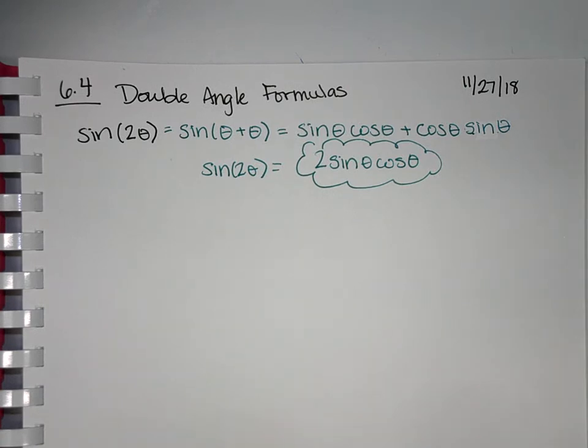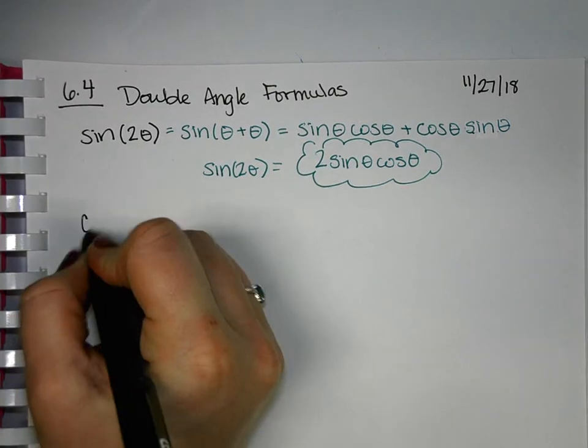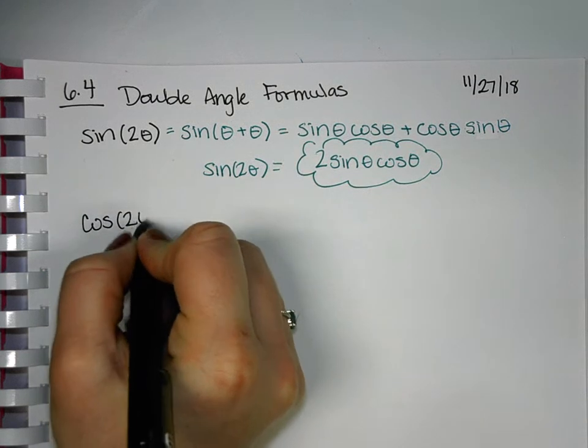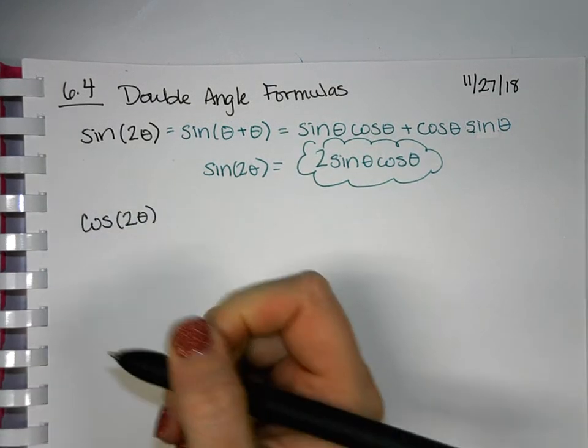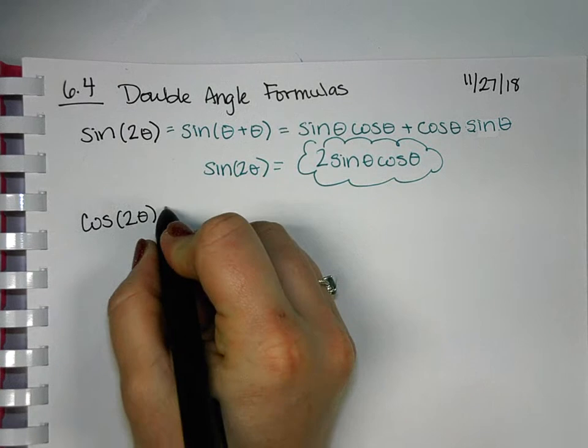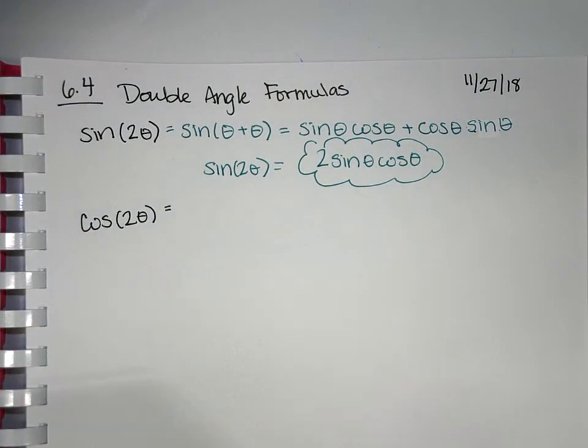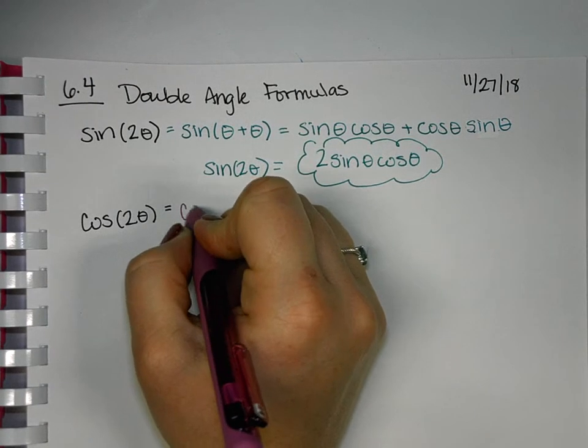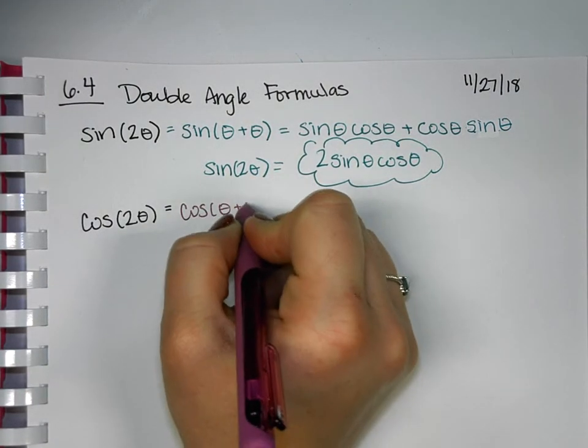Our second one is for cosine. What happens when we have cosine of 2 times an angle? Again, we can rewrite that as cosine of theta plus theta.